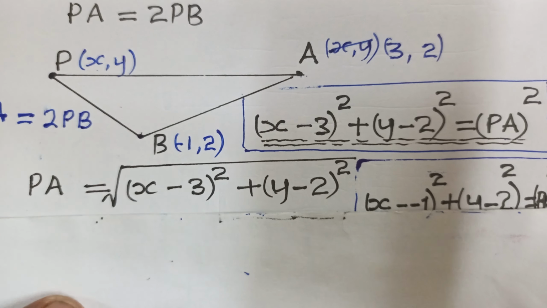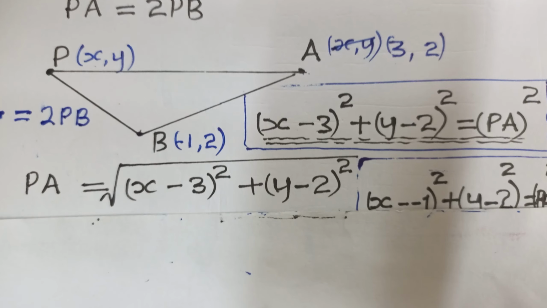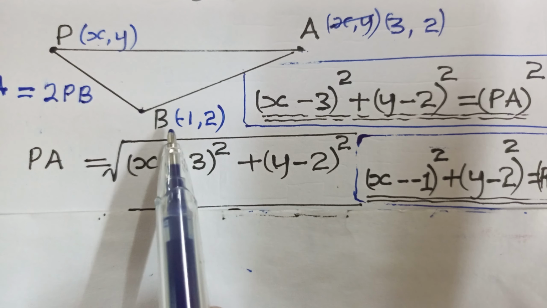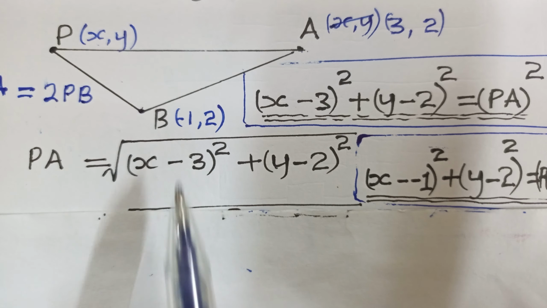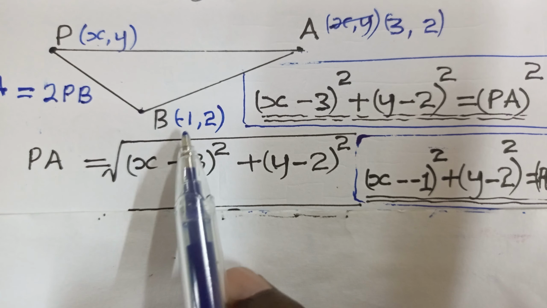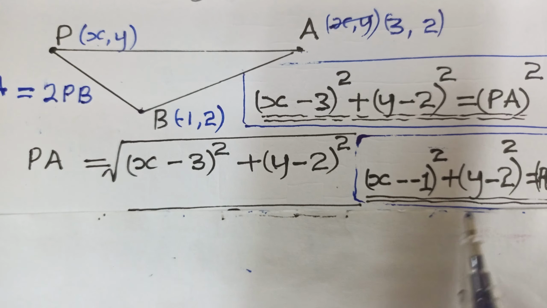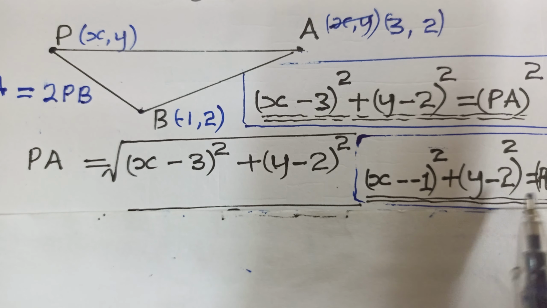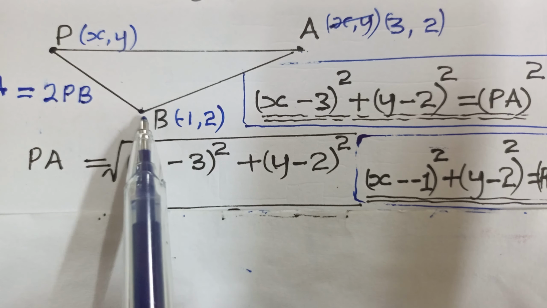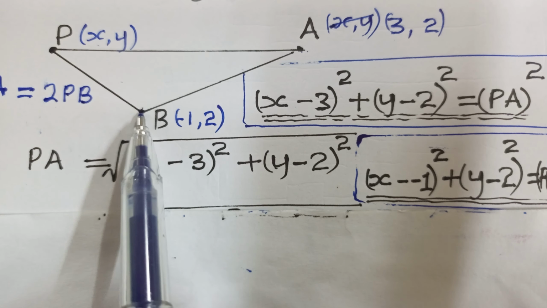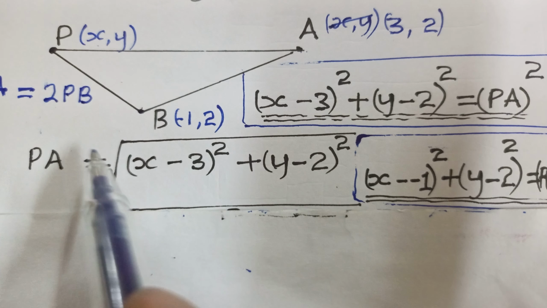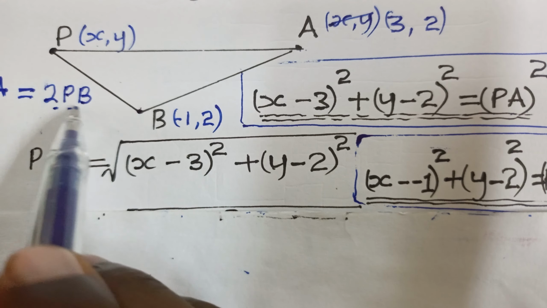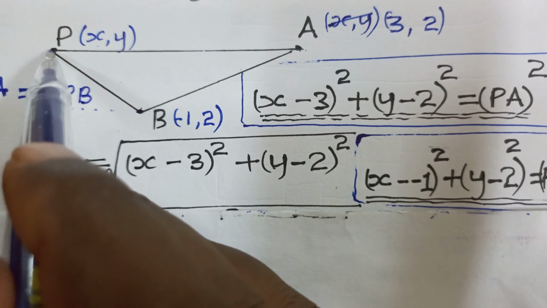We get the PA. Now going again to point B, that is point P from B, we say the same: x minus (-1), that is x plus 1, and then y minus 2. If we square that, we get our PB, that is from point B to P. In other words, we are moving this way on the x-axis and on the y-axis.